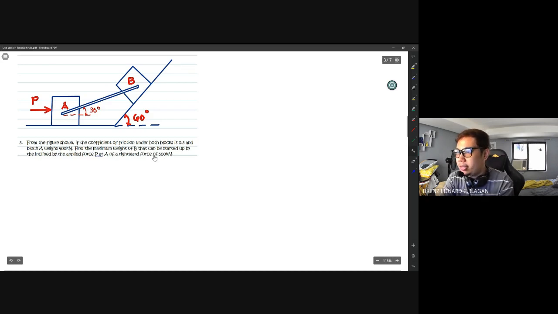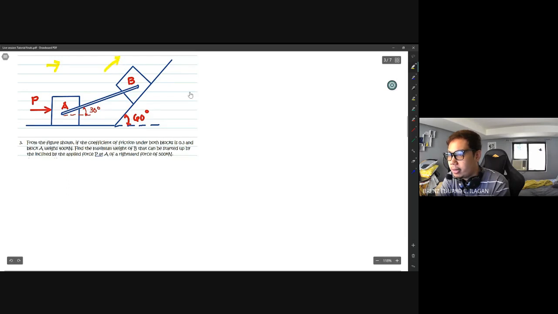We need to find the maximum weight of B so that the blocks start moving up the incline.